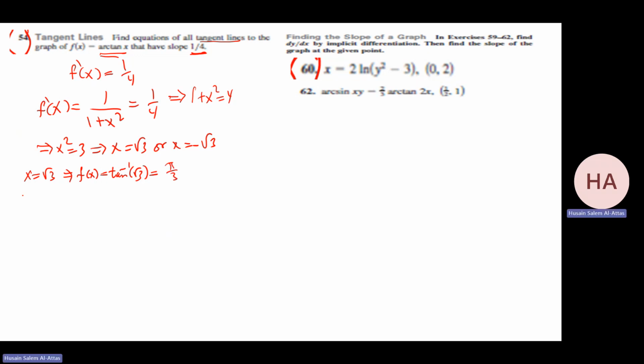So the equation will be y minus pi over 3 equals 1 over 4 times (x minus square root of 3). In other words, y will be 1 over 4 x minus square root of 3 over 4 plus pi over 3.